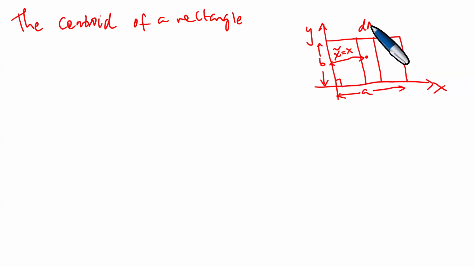And then we can speak about dA, which is associated with this small area, if the whole area is A. This is the area element, something we call the differential element that is going to arise from this.